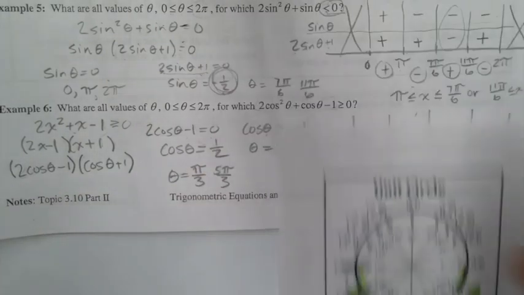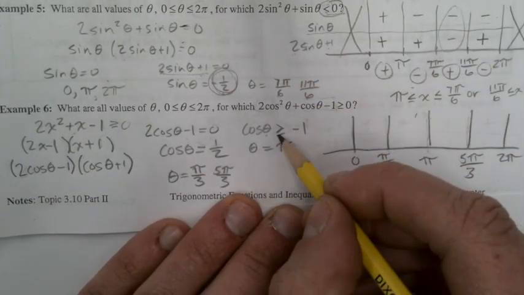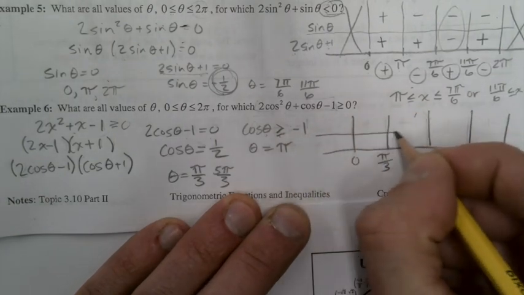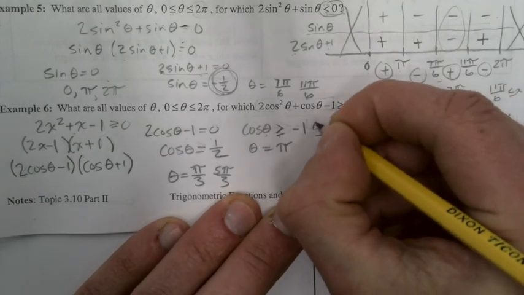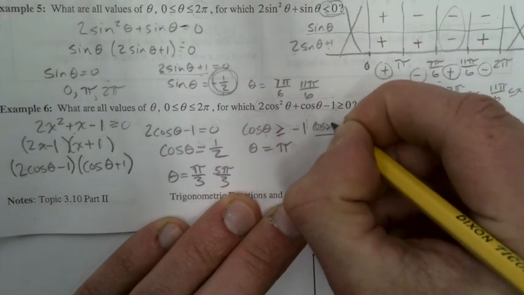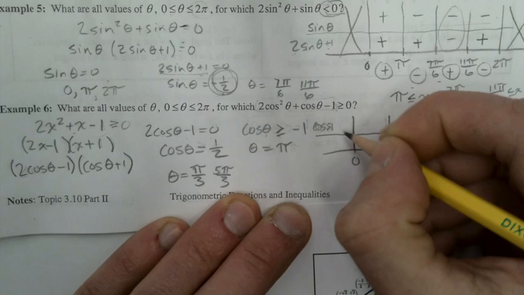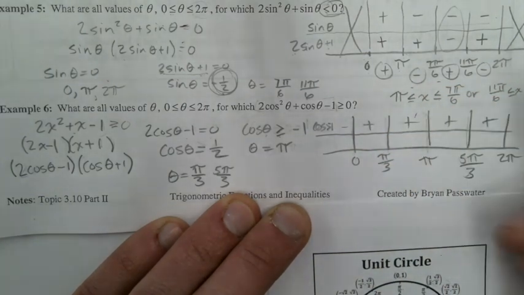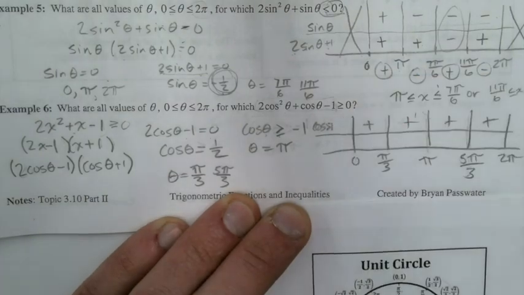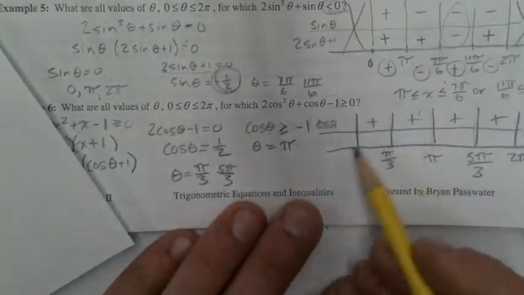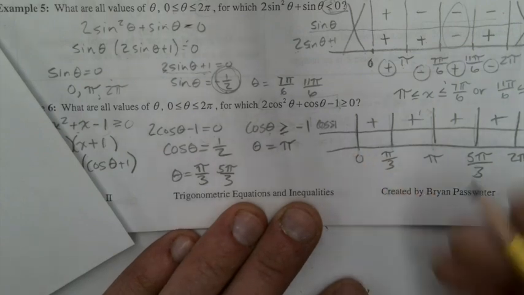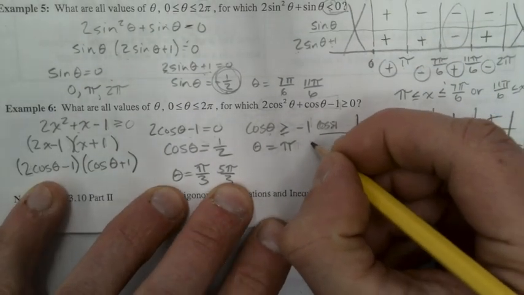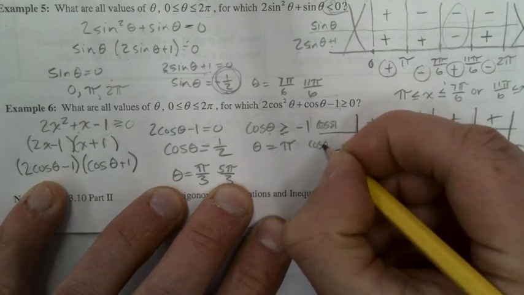But even if it's -1, that is still equal to -1. So for this first one, I'll put cosine is greater than -1. That's true for literally every single one of these domains or range or values.